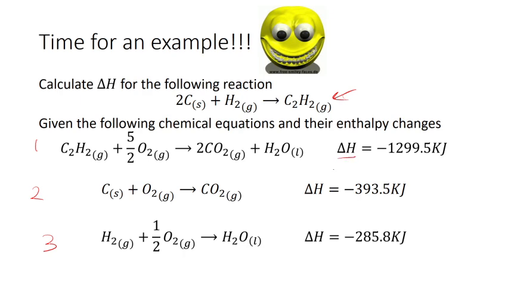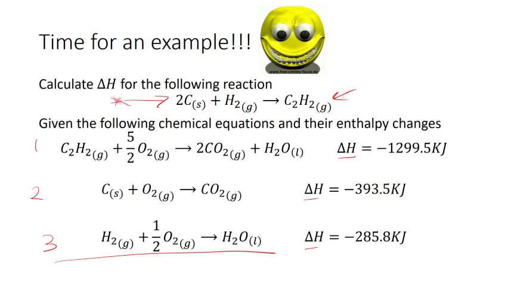So these are the enthalpy changes for these reactions. Now, what we want to do is somehow combine these three equations to make this one. So we're going to do some things to these three equations down here, equations 1, 2, and 3, so that we can get to the one we want up here.